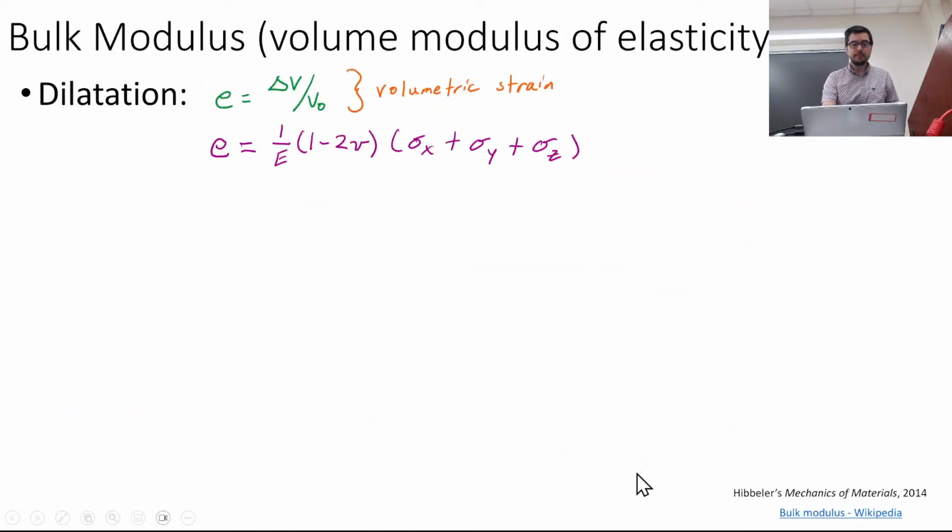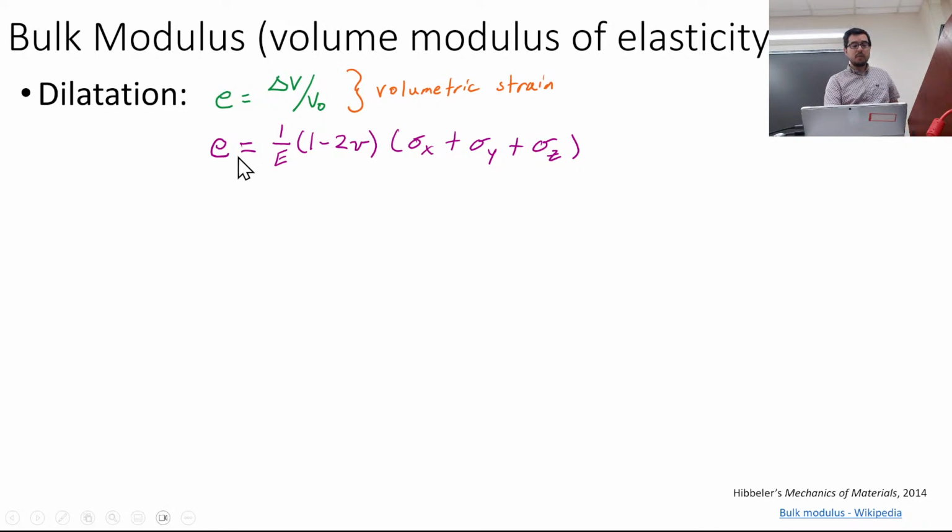This is exactly what we described previously, and another way to think about the dilatation is as a volumetric strain, because a linear strain is the change in length divided by the original length. A volumetric strain is the change in volume divided by the original volume.